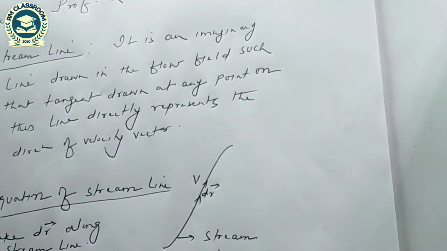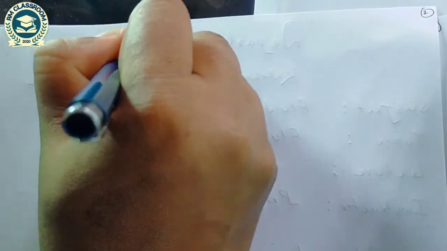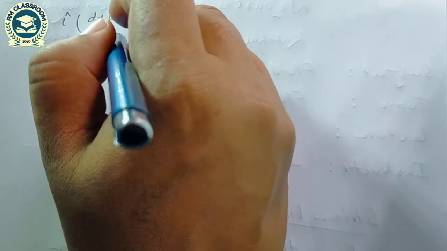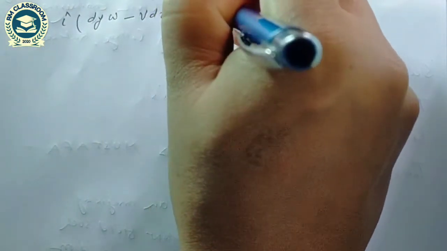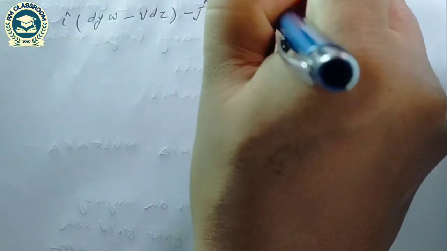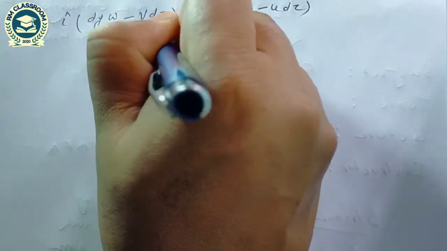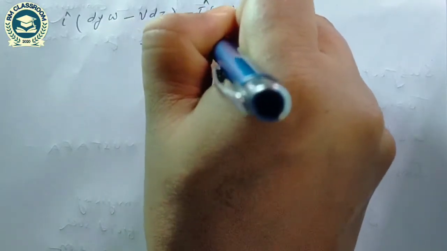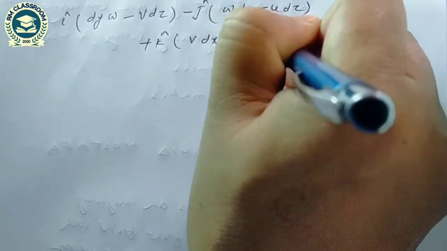So if I solve this determinant, we can write i into (dy w minus v dz) minus j into (w dx minus u dz) plus k into (v dx minus u dy) is equal to 0.